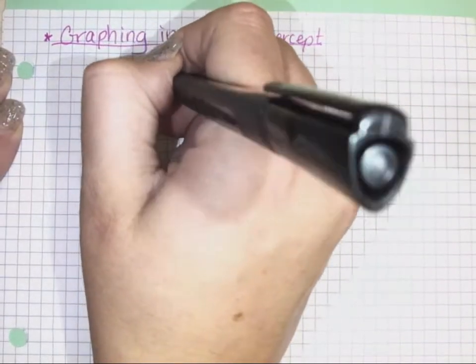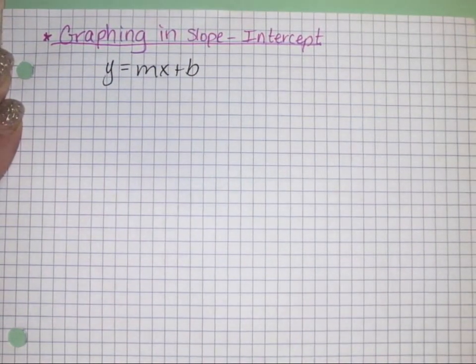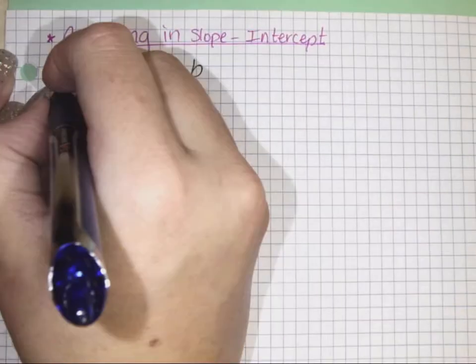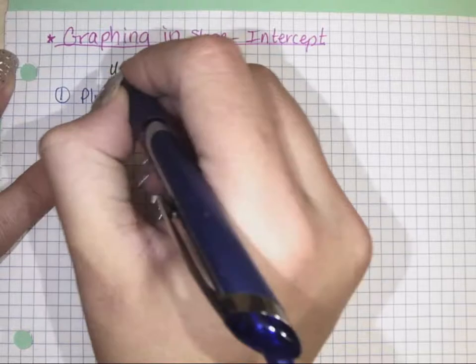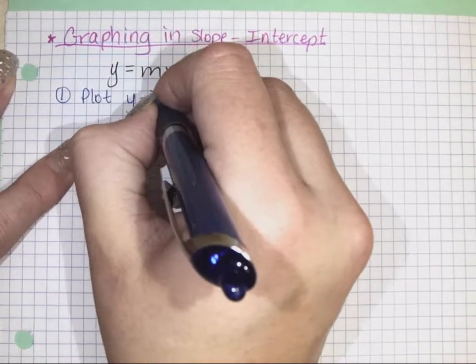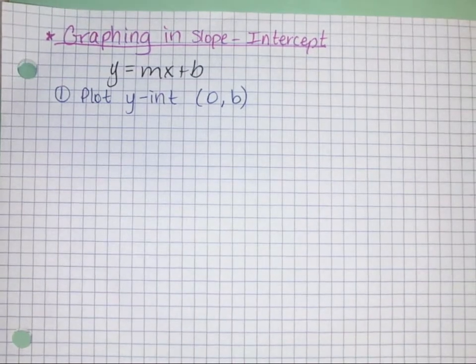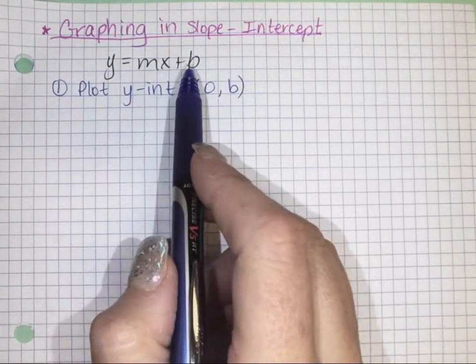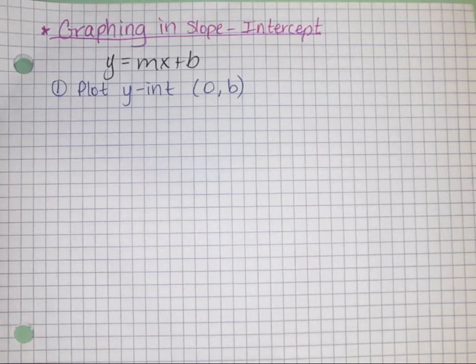Slope-intercept form is when you have y equals mx plus b. The first thing that you want to do is plot your y-intercept, which is always (0, b). If you don't have a value there, then your y-intercept is 0, meaning that your line will pass through the origin.